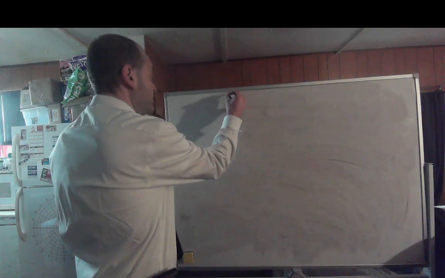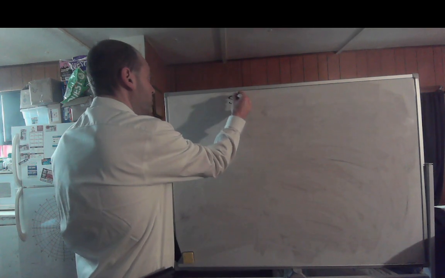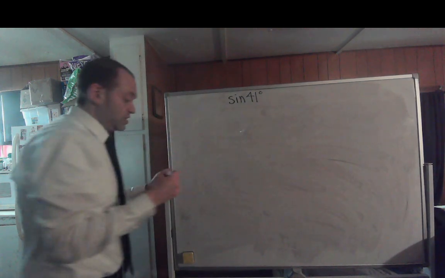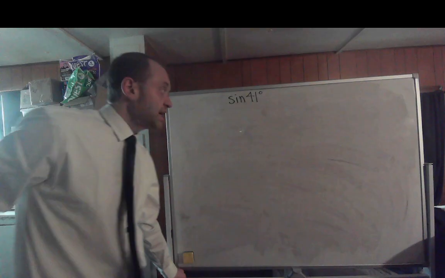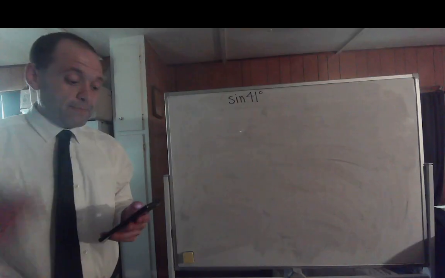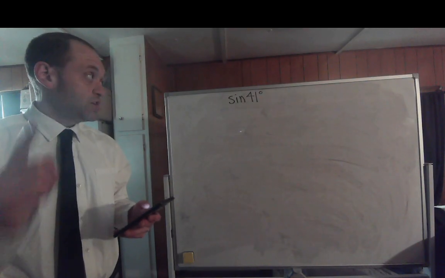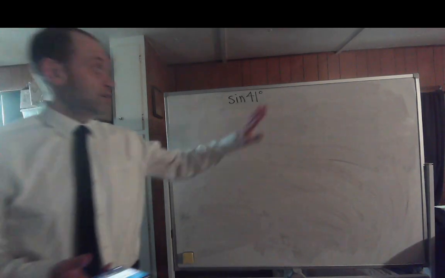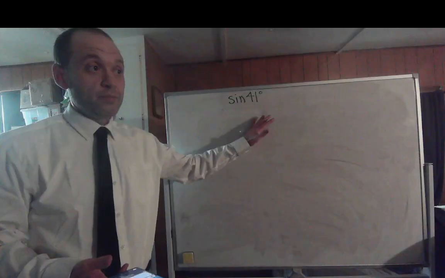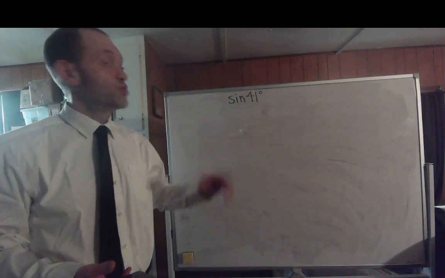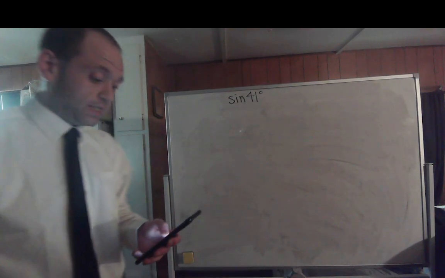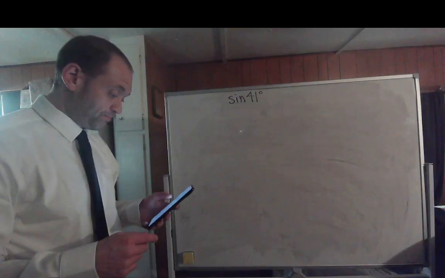Let's say you're given the sine of 41 degrees. So that's easy. You can put that into your calculator. Now, a caveat though, make sure your calculator is in the appropriate mode. If you're dealing with degrees, make sure it's in degree mode, because if it's in radian mode, you're going to get a completely wrong answer. So let's go ahead and do that here.